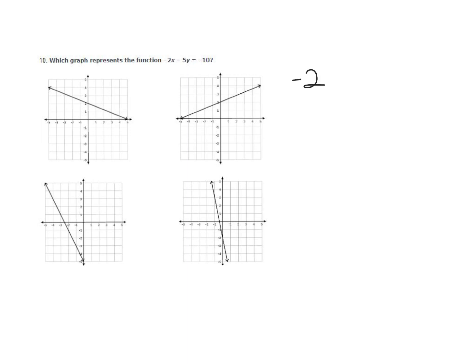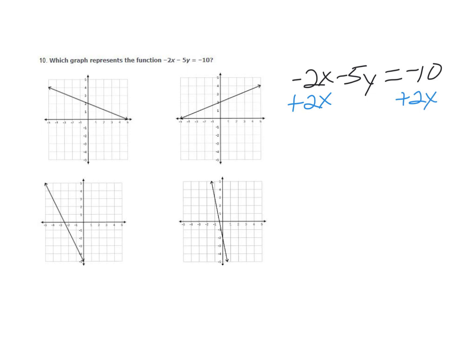We have negative 2x minus 5y equals negative 10. Now to convert this, again, we need to solve for y. To do that, we're going to remove this 2x by using the inverse or the opposite operation, which is to add 2x. You can do that as long as you add 2x to the other side.